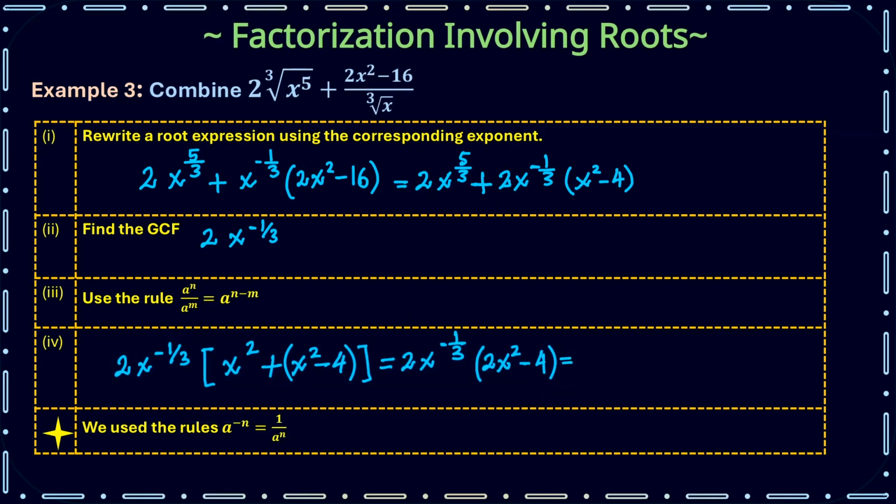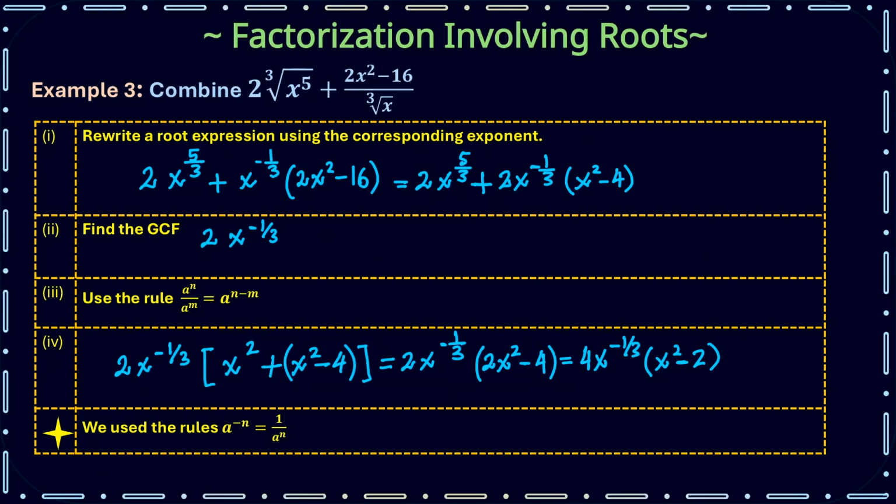When you take a 2 out of the parentheses, that 2 is a factor that can be multiplied with this 2, and that will give us 4x to the negative 1/3 times x squared minus 2. But we are pretty much done. It is common to return an exponential with a negative exponent back to the denominator.